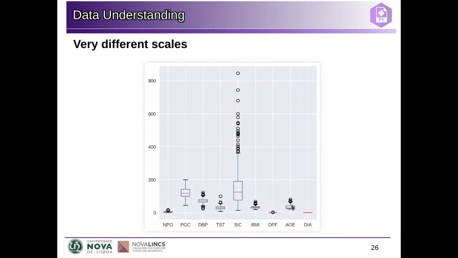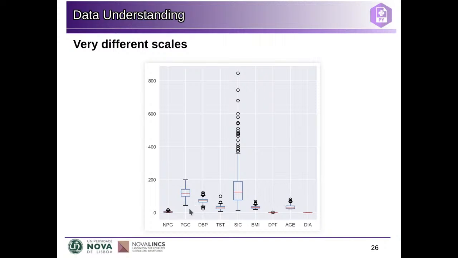Age can go from 0 to say 60, 70, something like that. This blood plasma glucose concentration can go up to 200. Then we have number of pregnancies is very low, and so on. So I don't recall exactly what this one is, but all of these have different scales, like milligrams per liter or years or something like that.